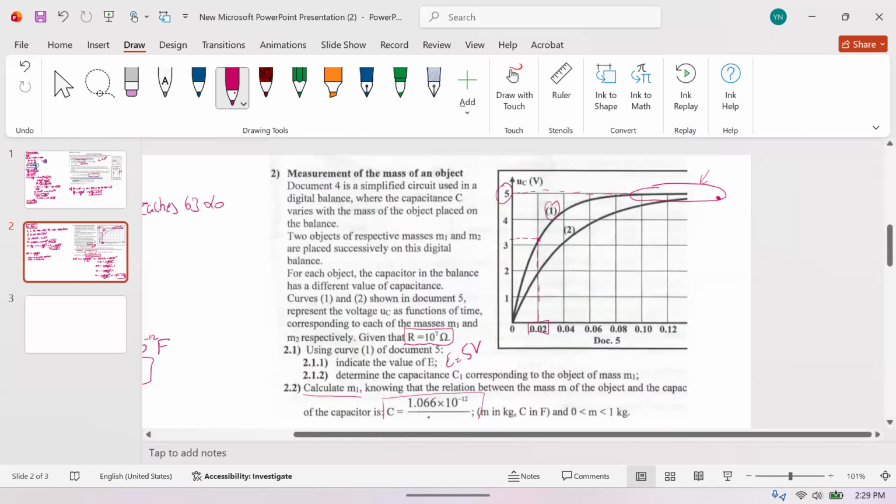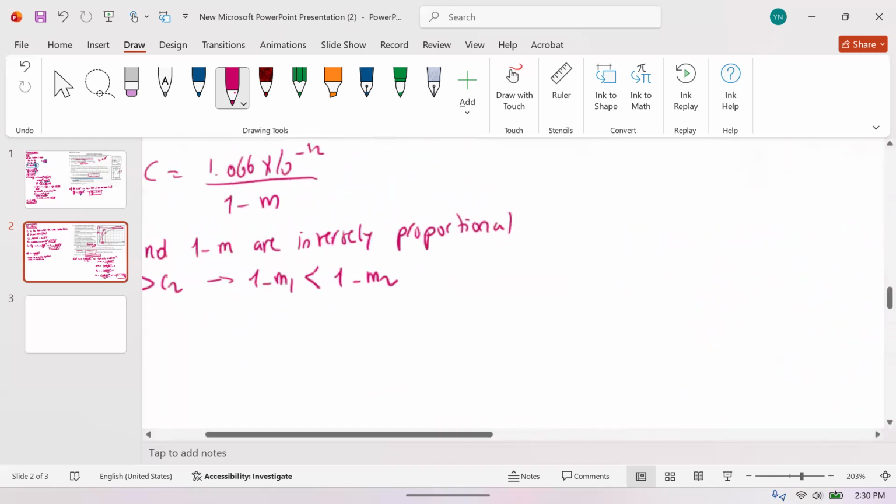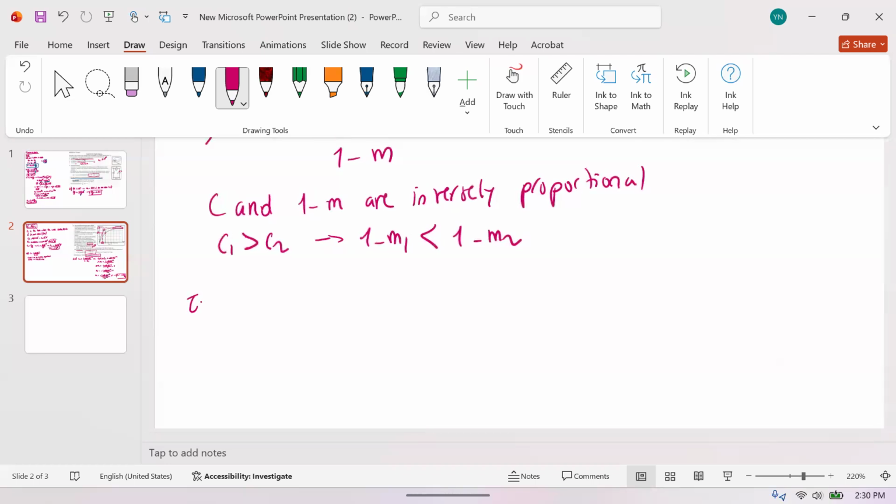Now here, look at the graph. You can clearly see that at 3.15, the value here that we got when we calculated the 63%, tau 1 is 0.02. However, tau 2 is almost 0.04 and a little bit greater too. It's somewhere here, 0.045, let me say. So I can clearly see from the graph that tau 1 is 0.02 milliseconds.